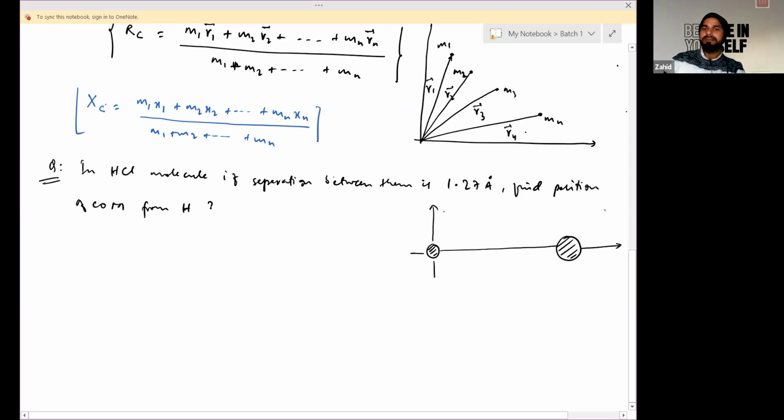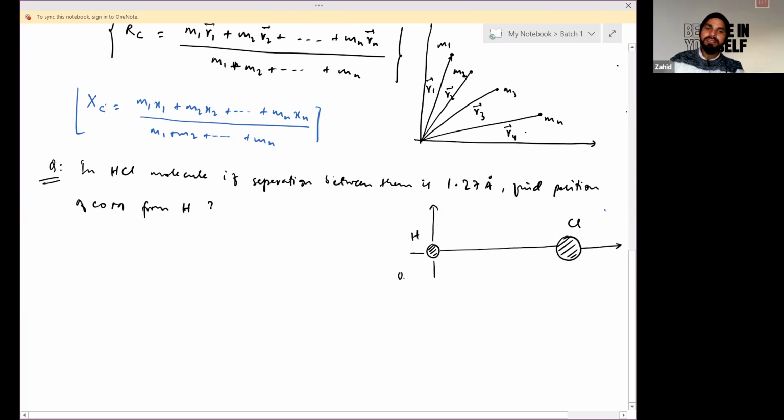Is it clear? I have taken hydrogen to be at the origin and chlorine at this point along the x-axis.